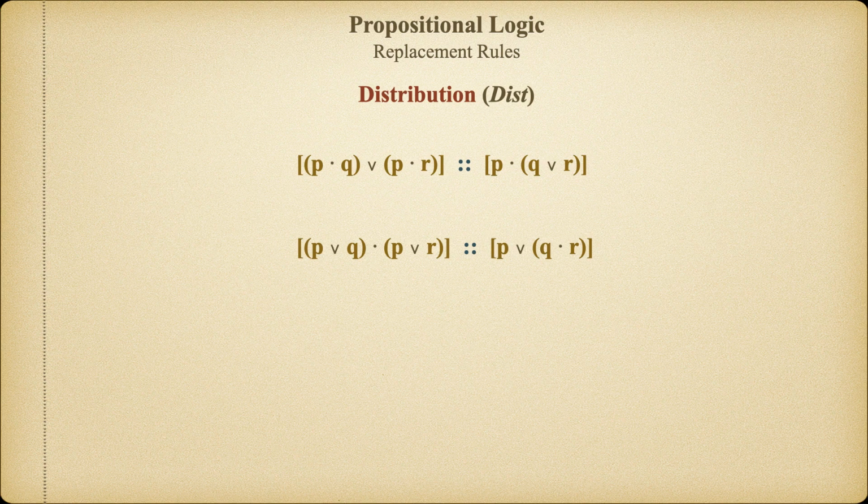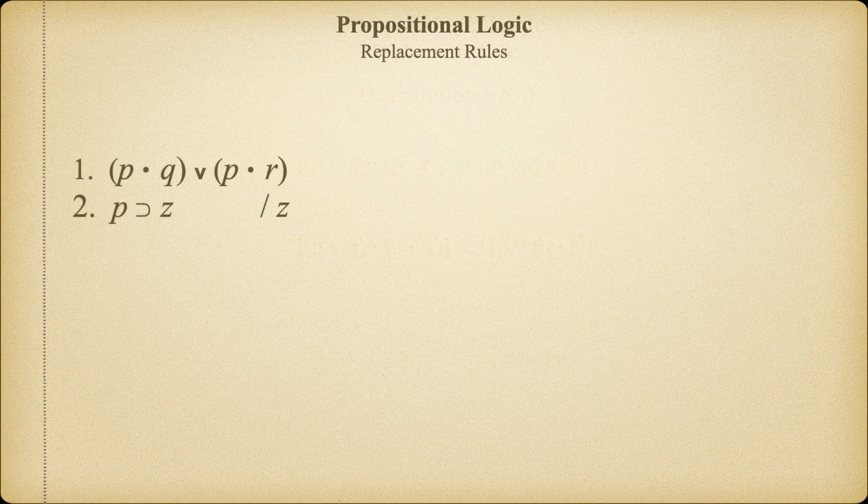Now let's look at a practical example to tie it all together. In this argument, we're trying to prove that Z follows necessarily from premises 1 and 2. It would clearly be easy to derive Z via modus ponens, but we would need P on a line by itself. We can't directly simplify P from premise 1 because it's locked inside parentheses.